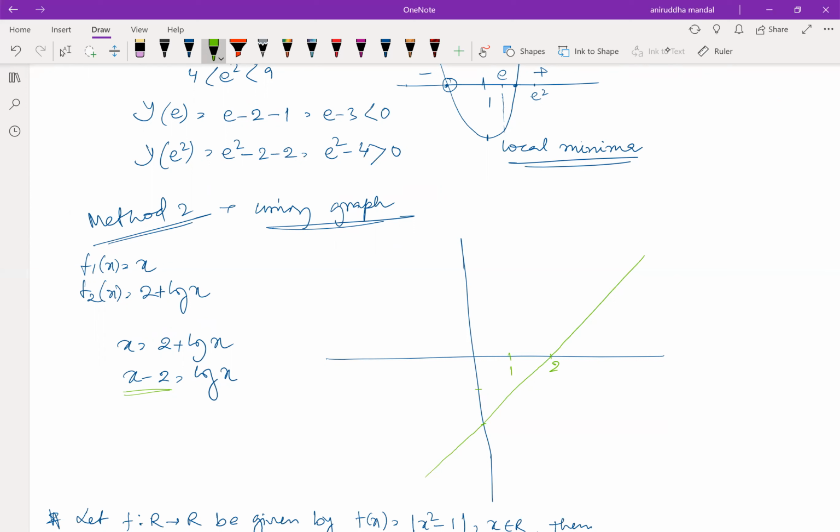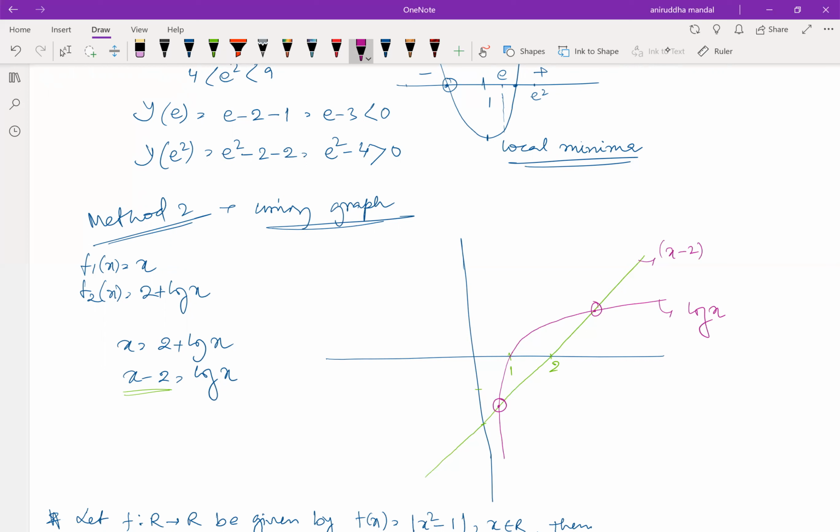The log x graph should be like this. This is the log x graph, and this is the x minus 2 graph. As you can simply see, this graph intersects with x minus 2 at this point, and another point is this point.